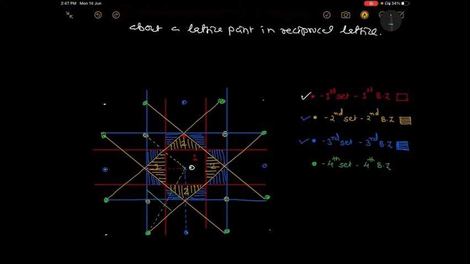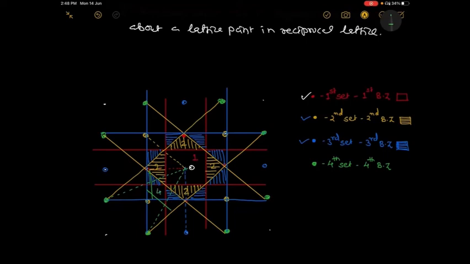Similarly, here also we join that point with the origin, and we also draw a perpendicular bisector along that line, and we get that region. That region is the fourth Brillouin zone. This is the fourth Brillouin zone.